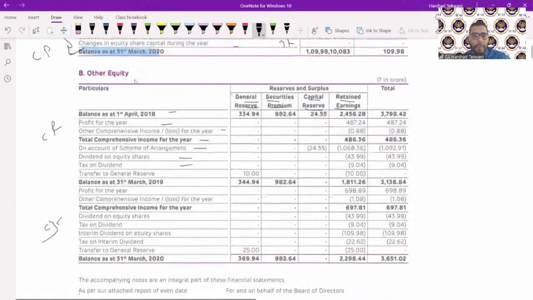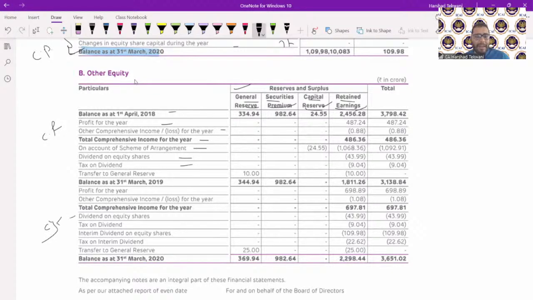Now, other equity will include your reserves, retained earnings, reserves and surplus. They have provided what the other equities are: general reserve, securities premium, capital reserve, retained earnings, and their movement. What was the addition during the period? What is the deduction during the period?